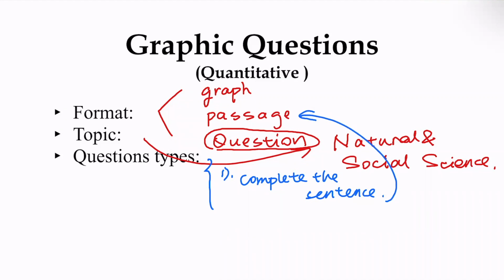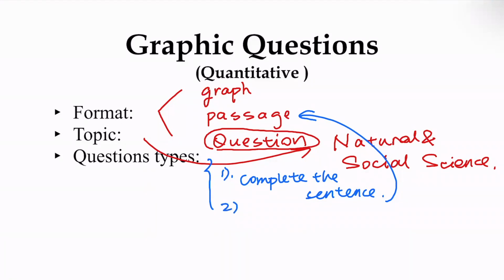For example, "In conclusion, blank." There's a line here, and you choose from A, B, C, D which one you can put here as a conclusion of the whole passage from the chart. So that's the first type of question. Completing a sentence is very common.